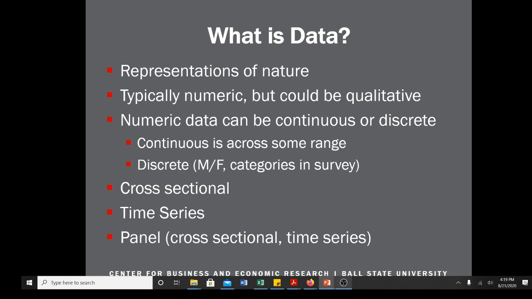And then there's panel data, which are cross-sectional and time series that combine the two. And again, it's important to understand these terms because these types of data require different statistical methods. There are different characteristics about the distribution of these variables. Do they have a bell curve, a normal distribution? Are they a logistic curve? Are they binomial?